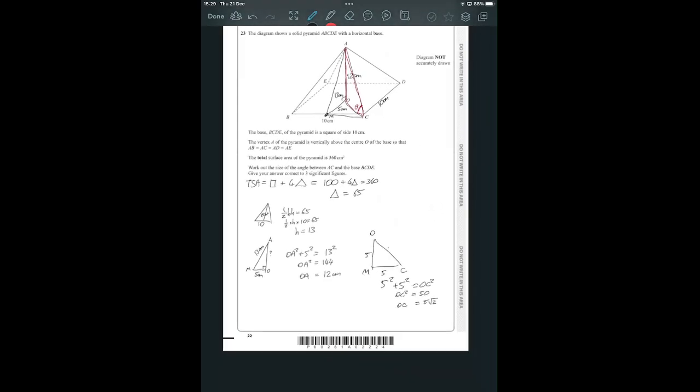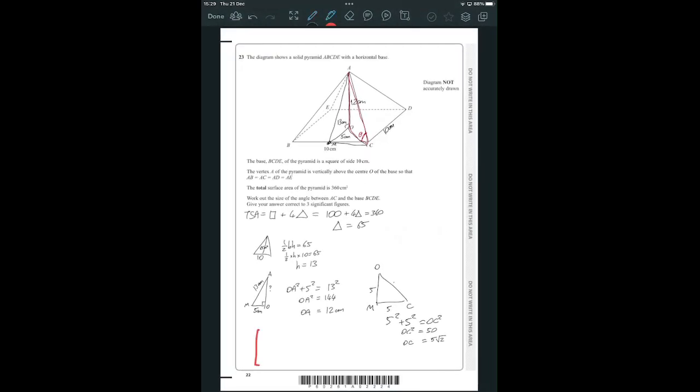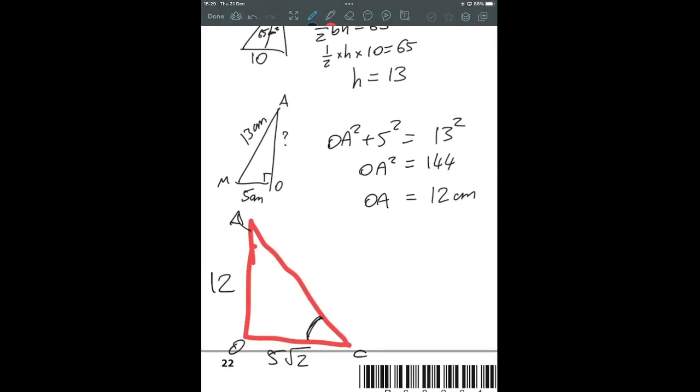Okay, well now I can finally go to that red triangle. That red triangle AOC. OC was 5 root 2. OA is 12. And we want the angle ACO. Well, then that's the opposite and the adjacent. So tan is what we're using.